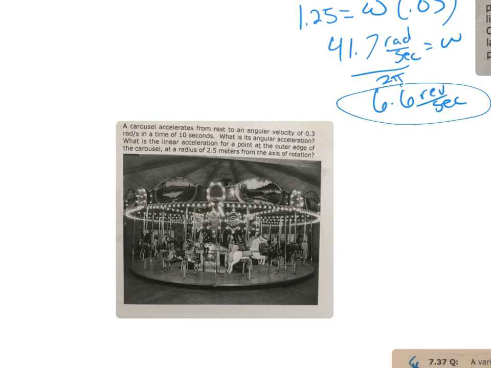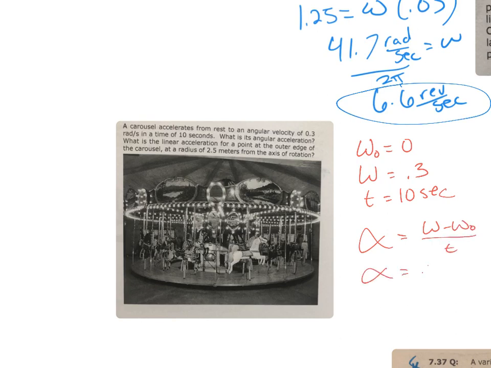Okay, so angular velocity, we go from rest, so omega naught is 0, and omega final is 0.3. Time is 10 seconds. And so if I wanted to calculate angular acceleration, it's omega minus omega naught over t. So acceleration would be 0.3 minus 0 over 10, if we're being technical.